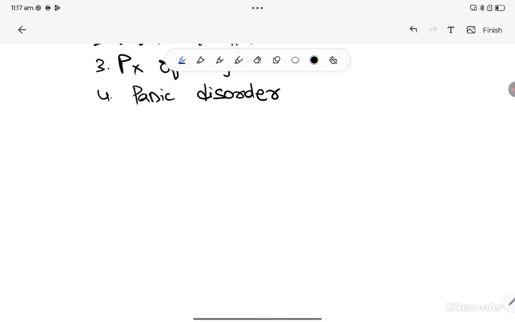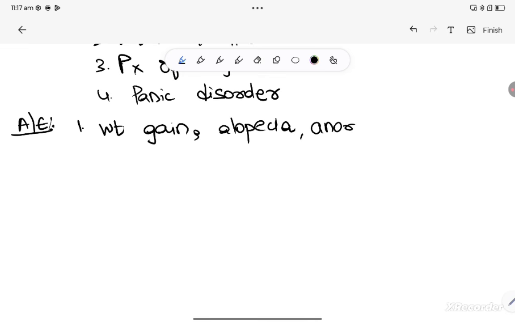Clear? Now, with respect to adverse effects, most importantly, it causes weight gain, alopecia, anorexia, nausea, vomiting, diarrhea, hypersensitivity reactions.